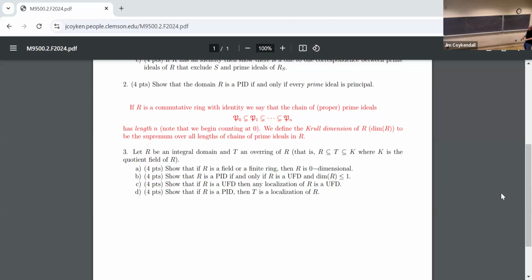But let's be careful and make sure that such a thing exists. Let gamma be the set of J in R, proper ideals such that J contains I and J is not finitely generated.